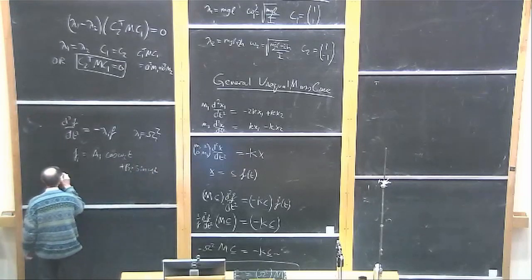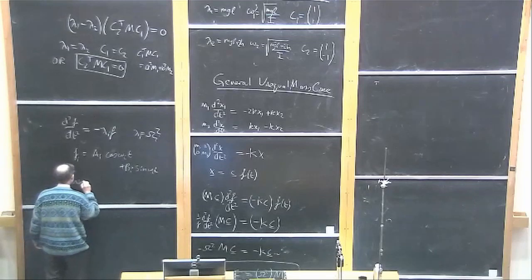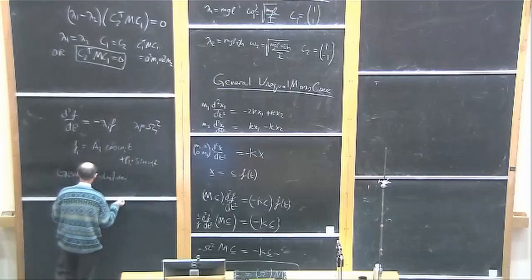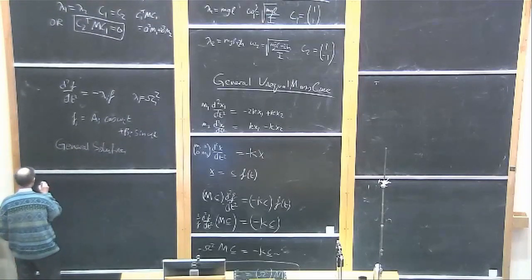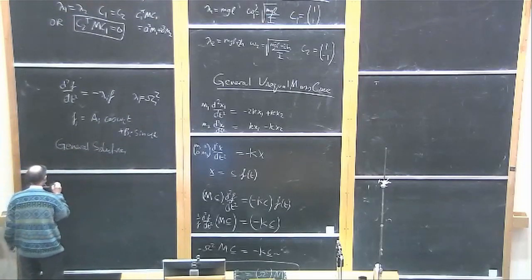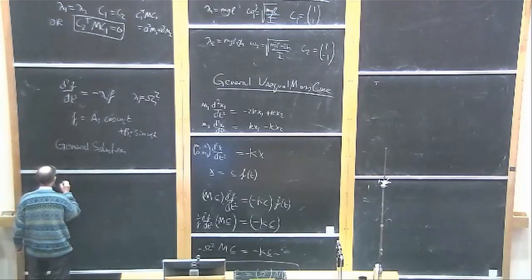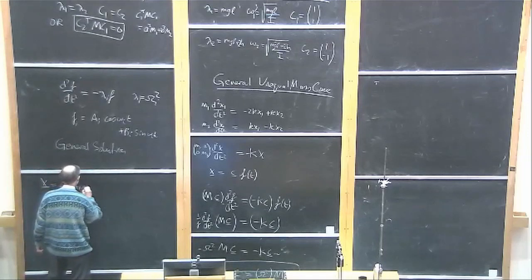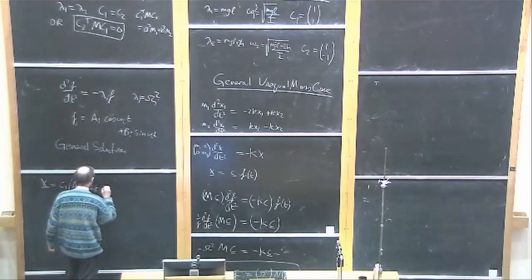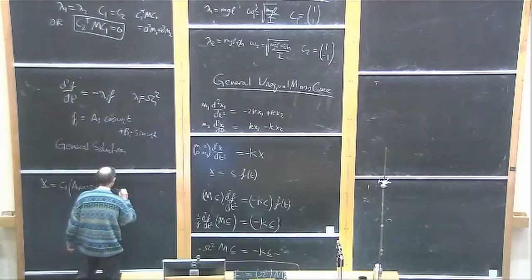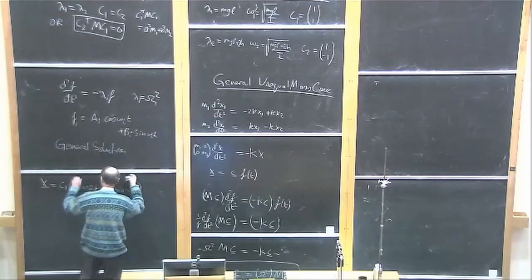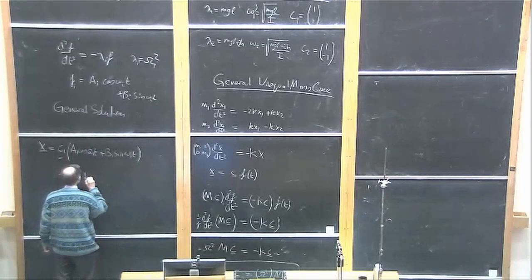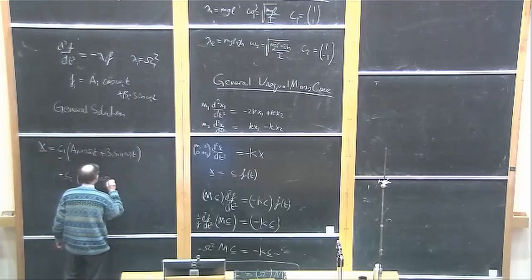And so my general solution, putting all that together, will be x equals C1 A1 cos omega 1t plus B1 sine omega 1t plus C2 A2 cos omega 2t.